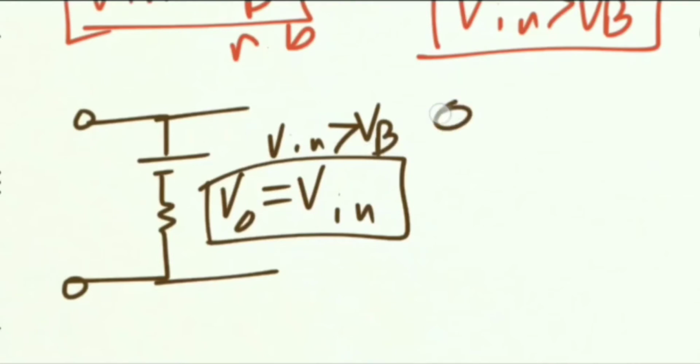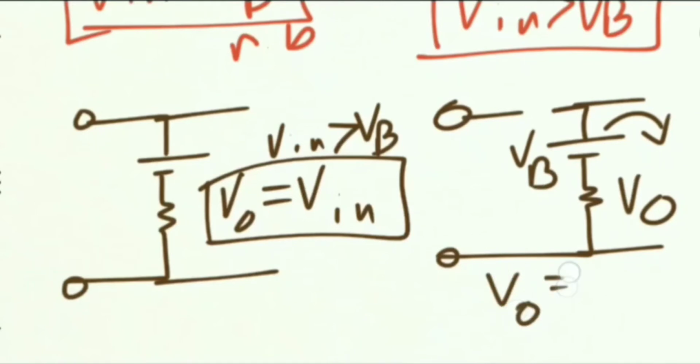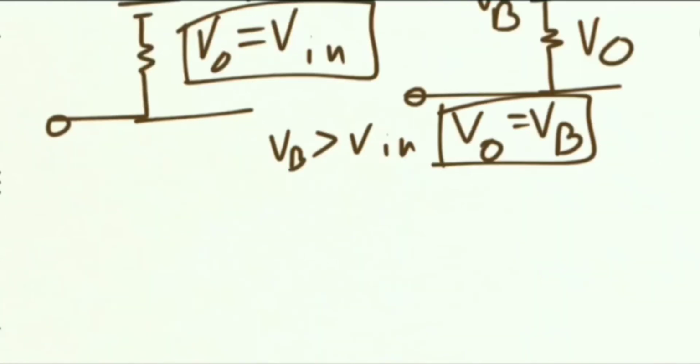And in reverse bias, the equivalent circuit will be this, where Vo will follow Vb. So Vo is Vb, and this is for Vin less than Vb. Now let us see the output graph.